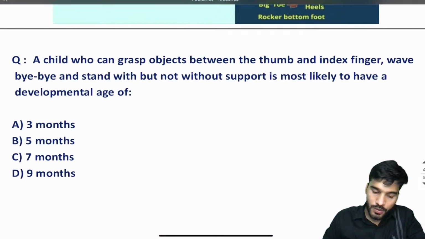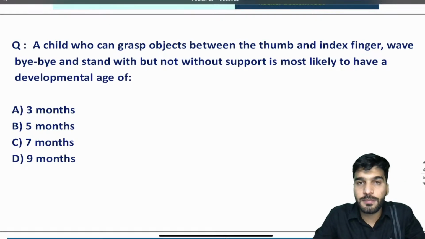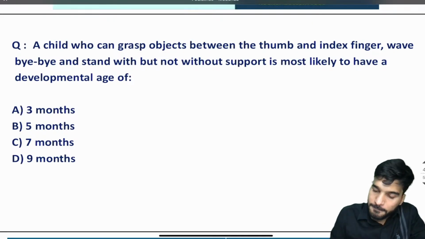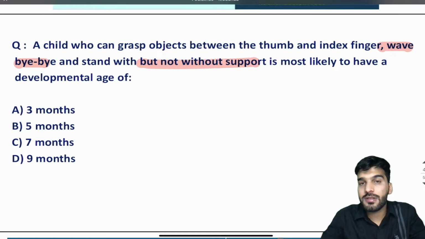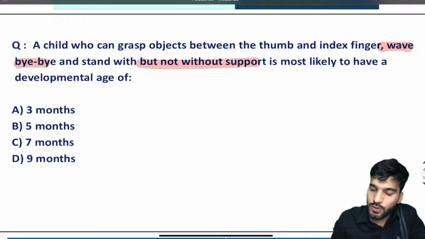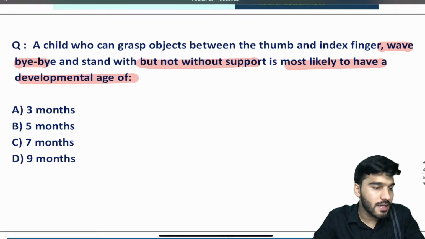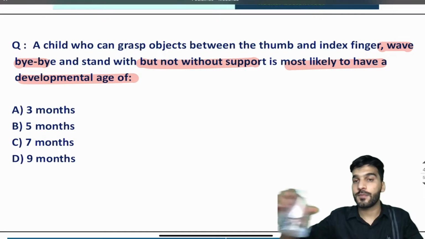Now next question. A child who can grasp objects between the thumb and the index finger, waves bye-bye, and stands with but not without support is most likely to have a developmental age of what? Write down in the comment section, guys.